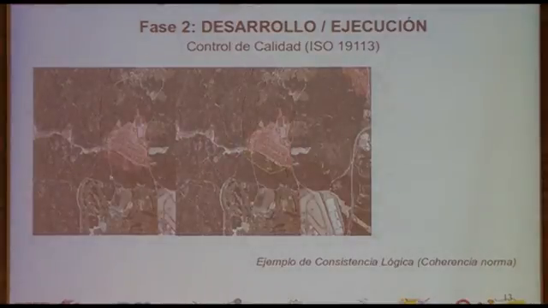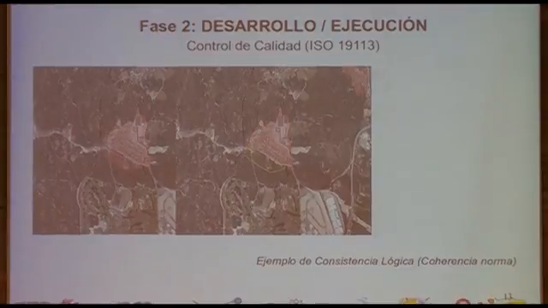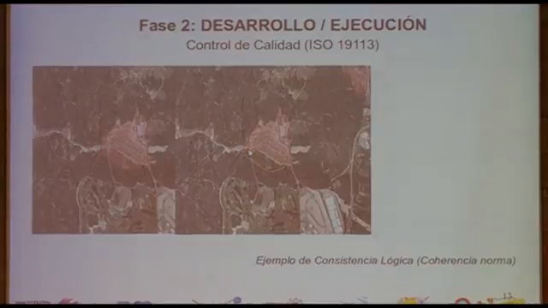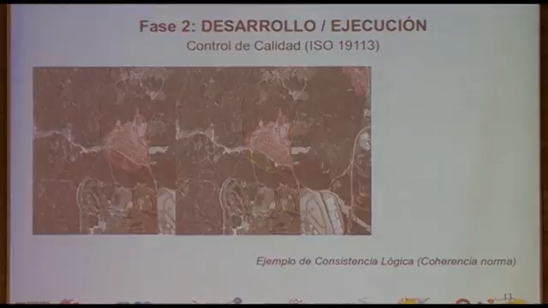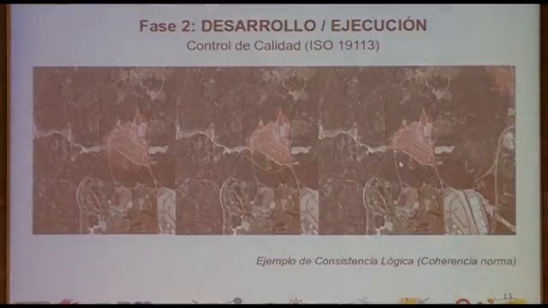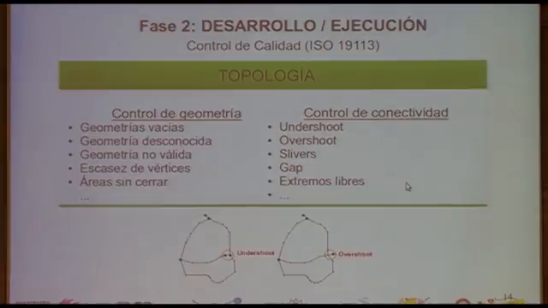Here we see that there is an error of capture because the capture standards say that whenever we are taking the limits of a municipality, we should do a spatial analysis in order to detect this error polygon, and our technicians would correct this so that it is taken to the real position.